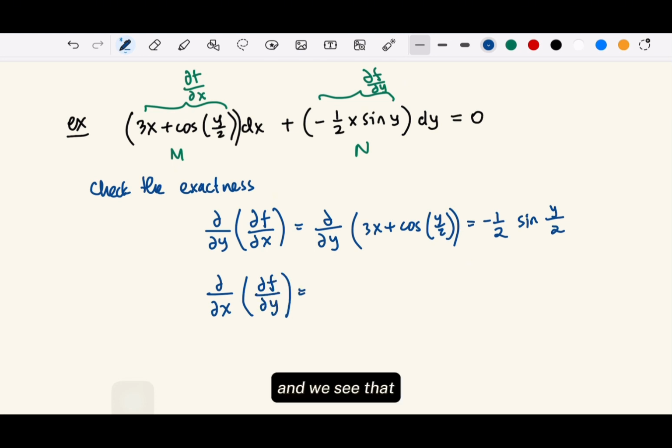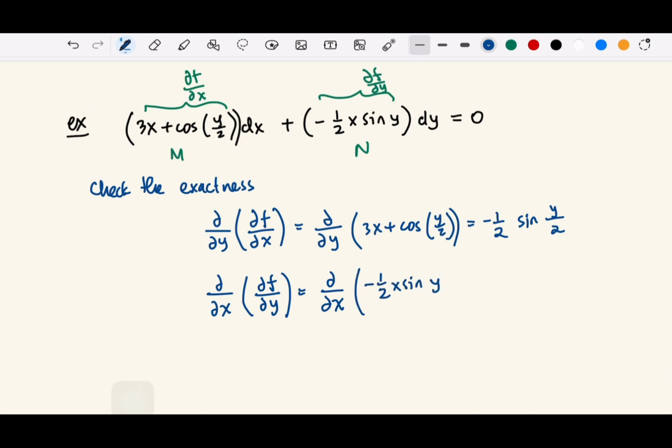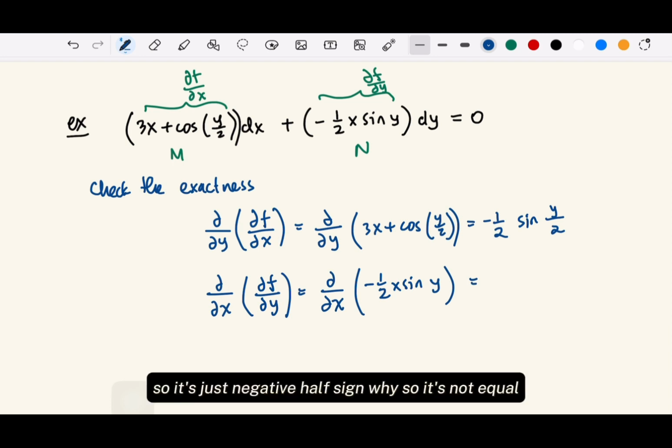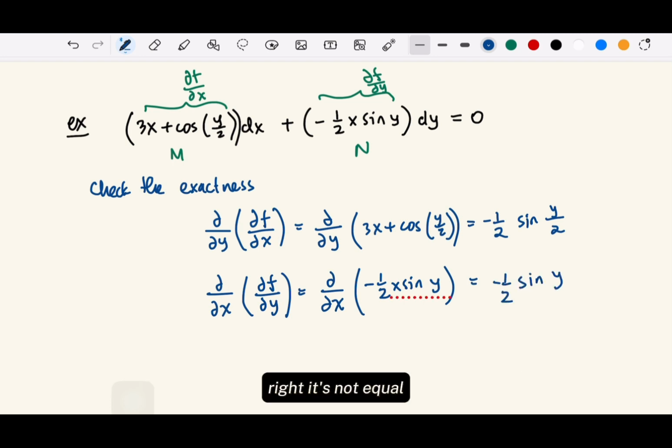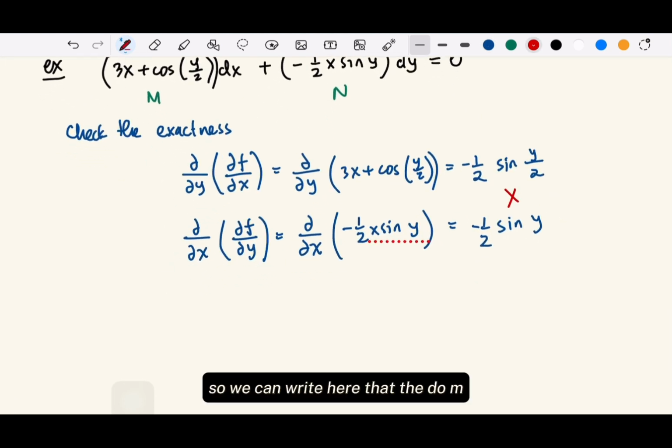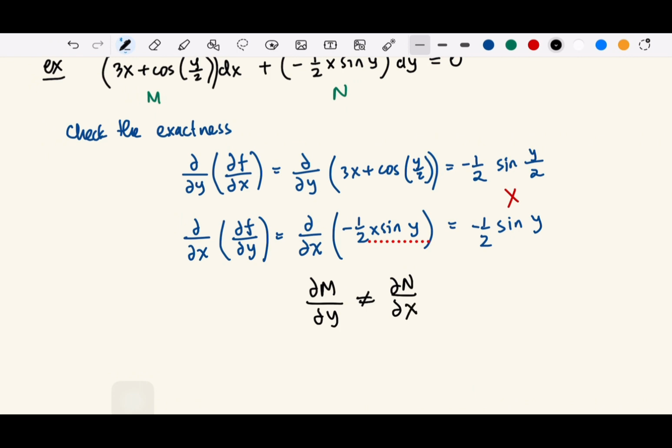And then take another one for the N. And we see that it has different results. So it's just negative half sine y. So it's not equal, right? It's not equal. So we can write here that dou M dou y is not equal to dou N dou x.